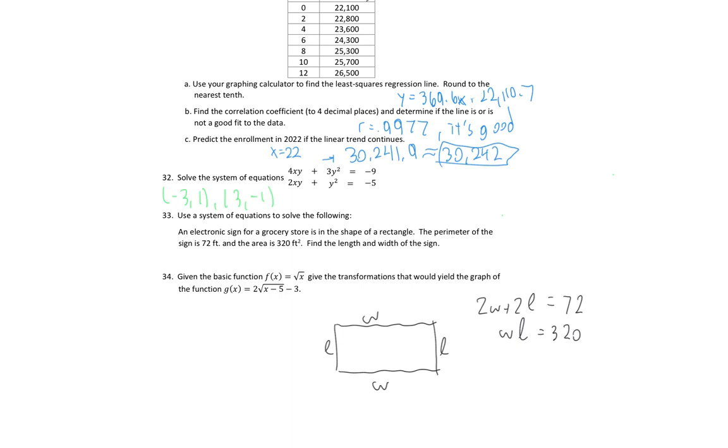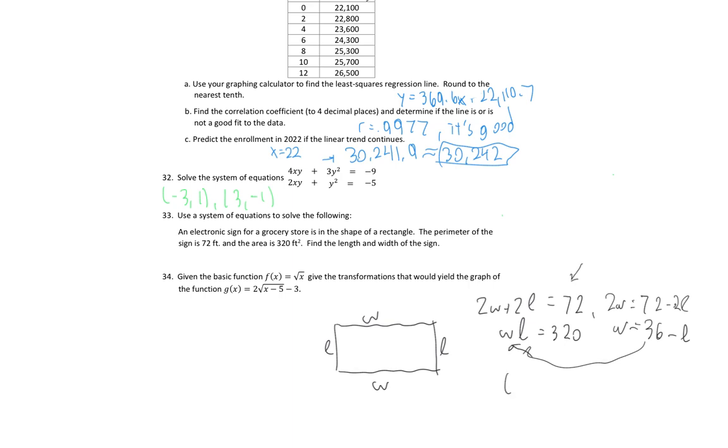So what I'm going to do is go on this equation and solve for either l or w. I'll solve for w. So I'll say 2w equals 72 minus 2l, divide everything by 2, 36 minus l. Then I'm going to plug that in here. So w times l, plug it in for that one.